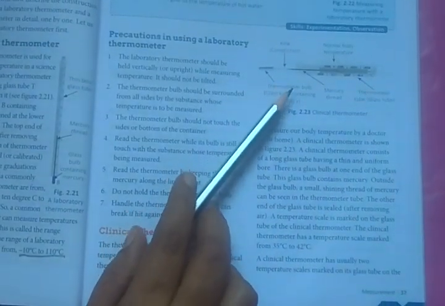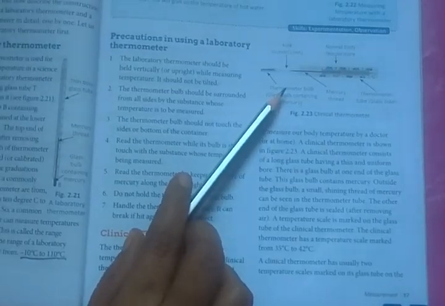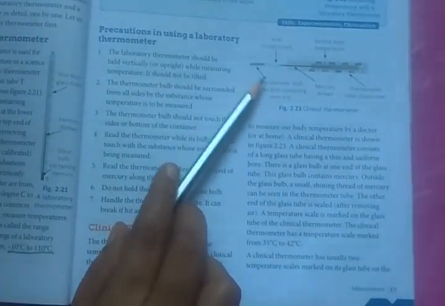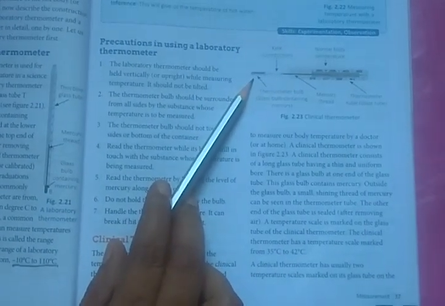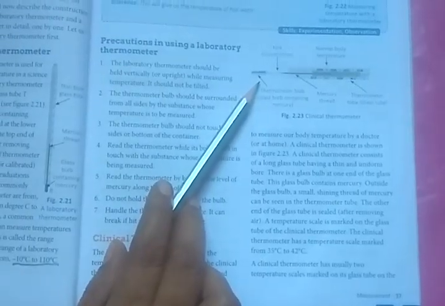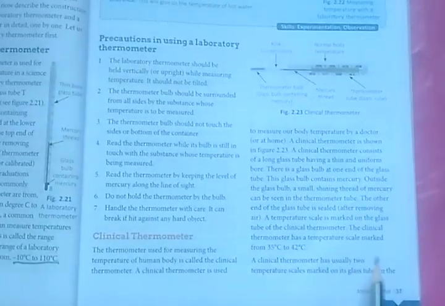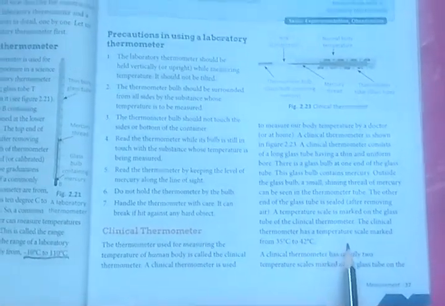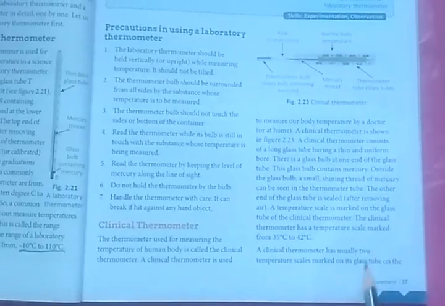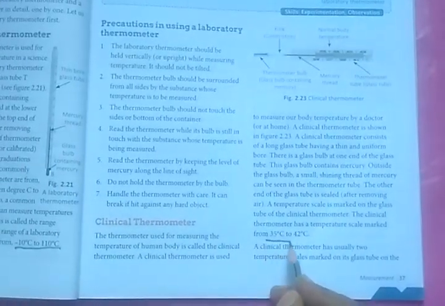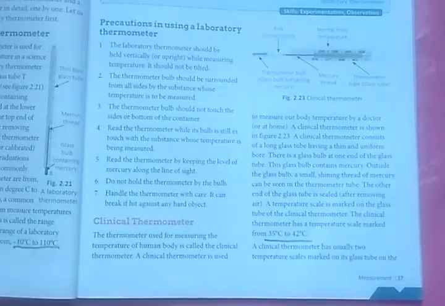Clear, children? The other end of the glass tube is sealed. A temperature scale is marked on the glass tube. The clinical thermometer has a temperature scale marked from 35 degrees Celsius to 42 degrees Celsius.